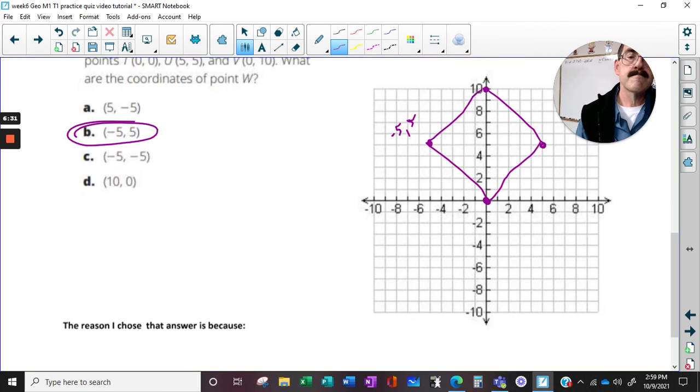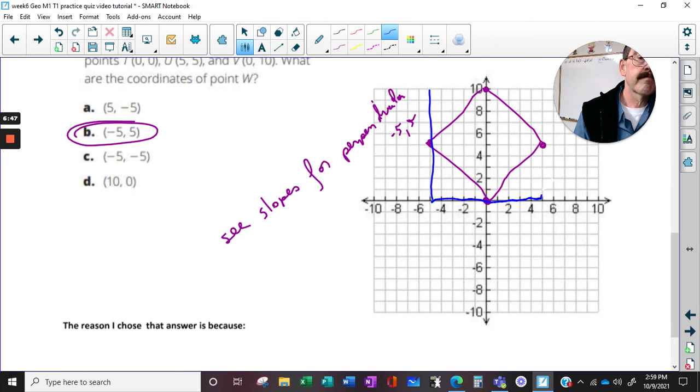Alright. See slopes for perpendicular, or draw the big square to prove it. Cool? Alright.